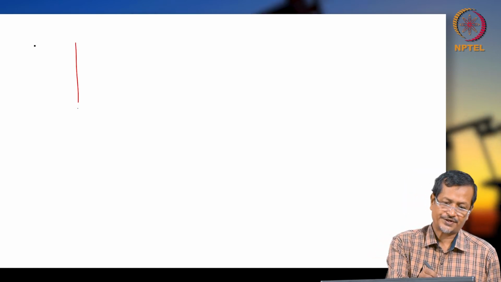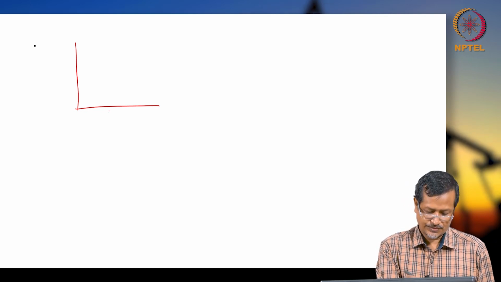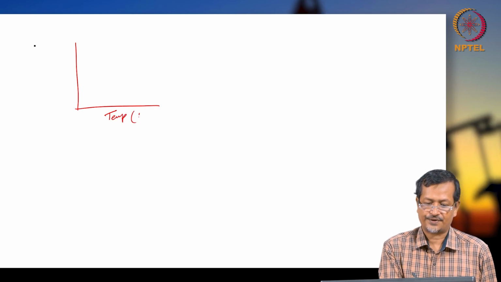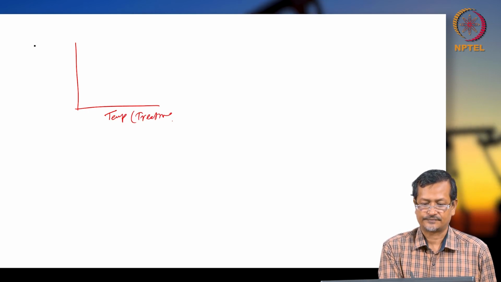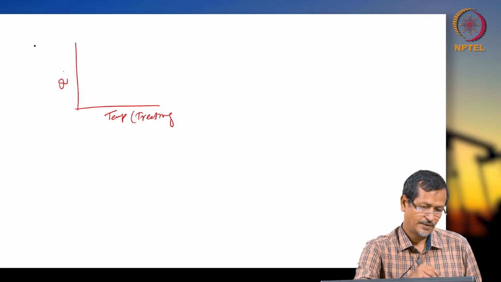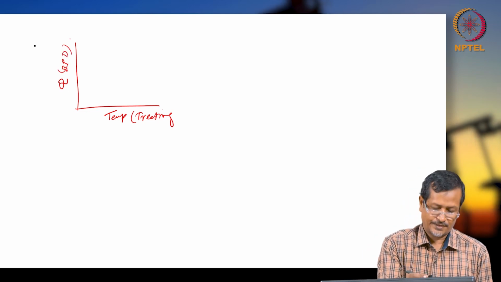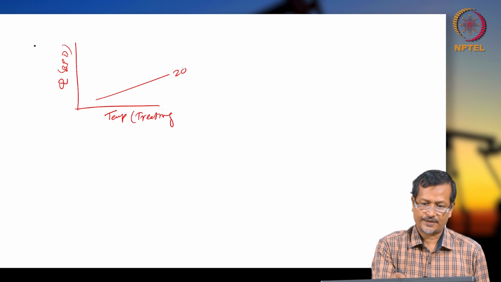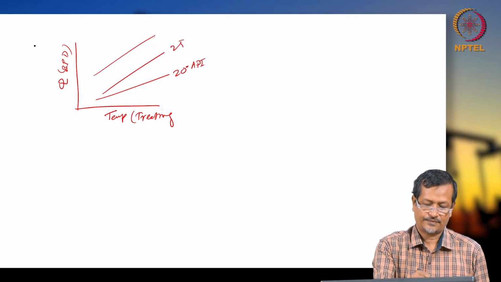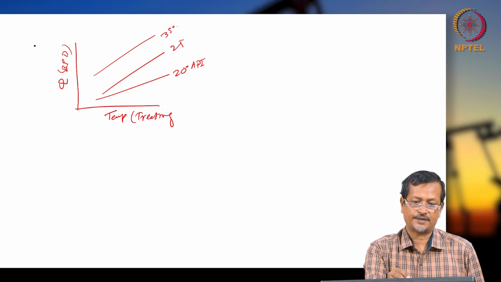So for the conventional treater, they have given a chart or figure: treating temperature versus flow rate in BPD or BOPD, for 20 degree API, 25 degree API, and 35 degree API.